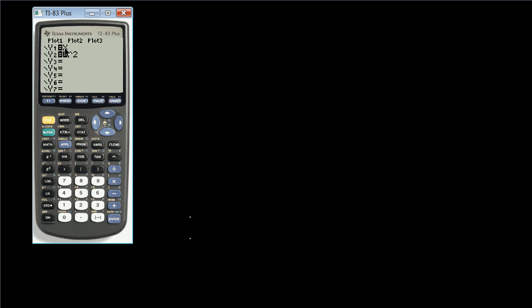X, hit enter here, and I am going to, with 3x squared, and graph that. And if I go ahead and make another one, once again I'm hitting here and then x squared.